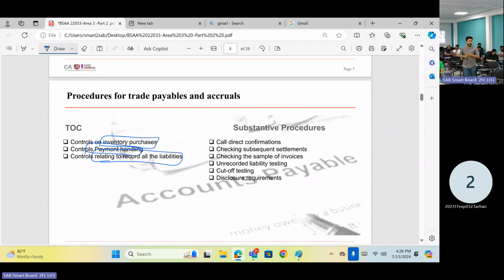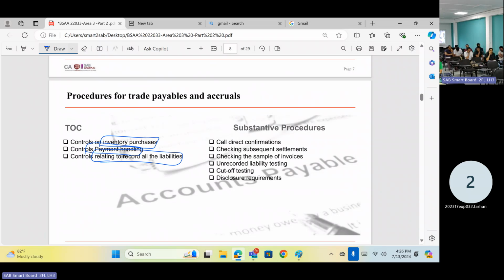So then related controls, once you are doing this: purchases, three-way matching, and credit purchases related controls should be evaluated after trade creditor. The control testing, right? And other than that, cash payment related controls.